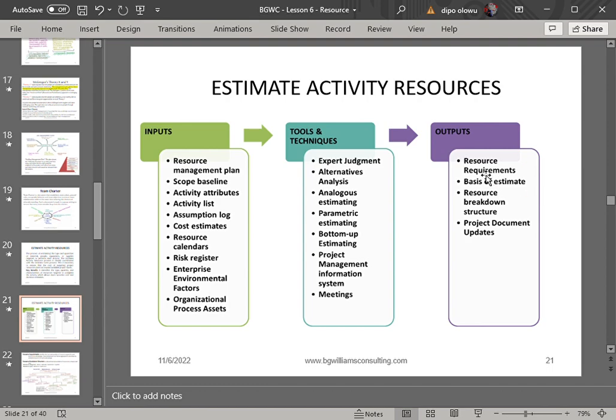That becomes your resource requirement. Then basis of estimates for resources, the explanation that justifies how you arrive at the number of resources you are using for a particular activity. Resource breakdown is a structural view of all the resources.